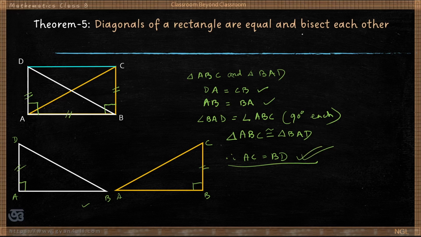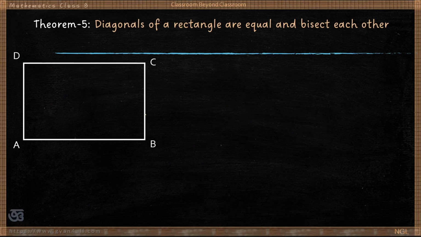Now we have to prove that they bisect each other. So we'll again consider this diagram. ABCD is a rectangle and AC and BD are two diagonals and they cut at point O. So we have to prove that OA is equal to OC and OD is equal to OB. So let us do this.